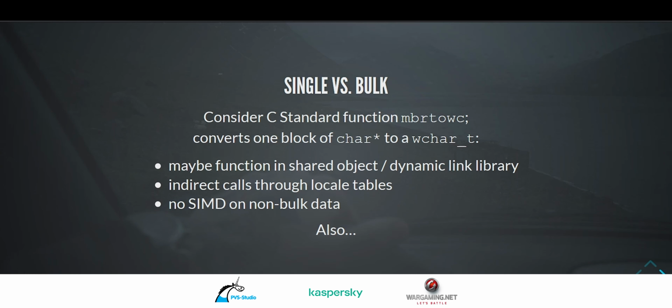And because it converts a single block into a single wchar_t, there's no SIMD to be done on this non-bulk data. I can't set up a nice vectorized loop and tell the processor to start screaming along, because I don't have bulk data. Especially if it's in a DLL, there's a hard compiler barrier that prevents it from folding everything up nicely. If you statically link, you might get some performance gains, but even still, the single functions still have issues.